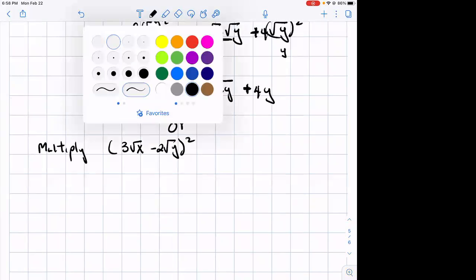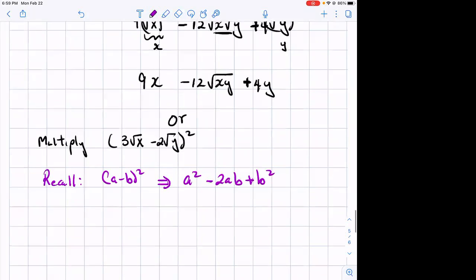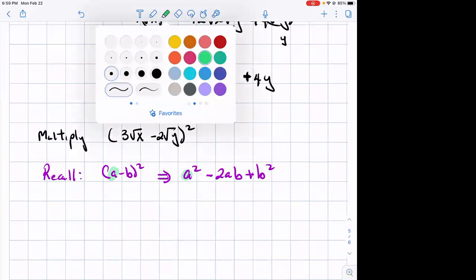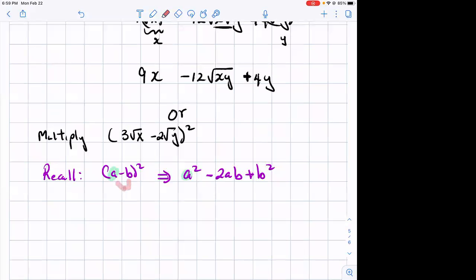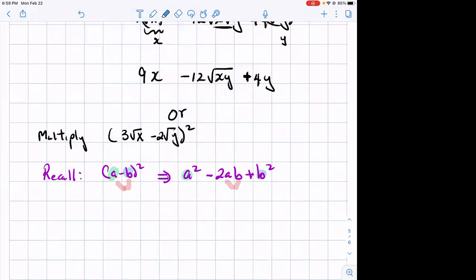If you recall, when you multiply polynomial, if you have a polynomial a minus b squared, this is equal to a squared minus 2ab plus b squared. Okay, so you take the first term and you square it. Then you multiply the two middle terms by 2. And then you take the last term and you square it.